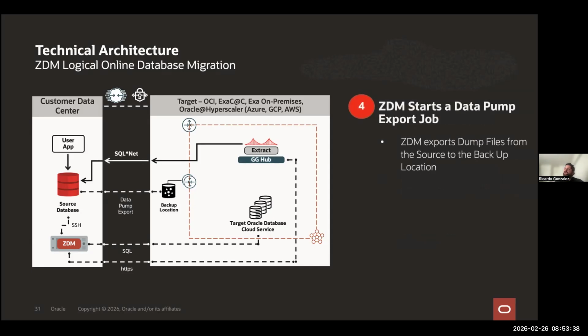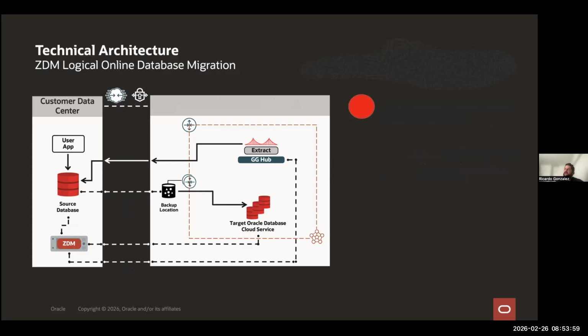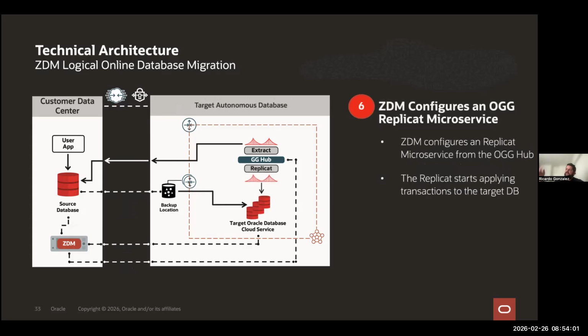Then we go to the source database and do the export, which could be any level of granularity: schema, object, table, full export, etc. Then ZDM goes to the target database and says, I want you to import from the export files we've been creating, so please go ahead and do that so you can instantiate the target database. Once that is in place, ZDM goes to the GoldenGate hub and creates a second microservice, which is a replicate. That replicate will apply transactions into the target database.